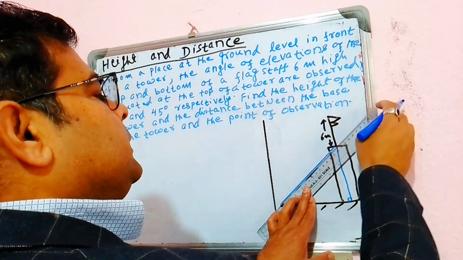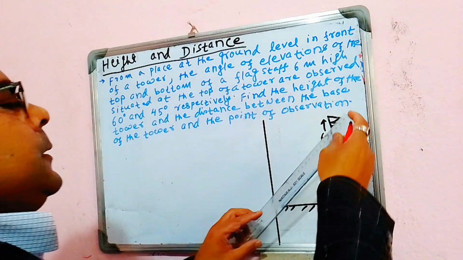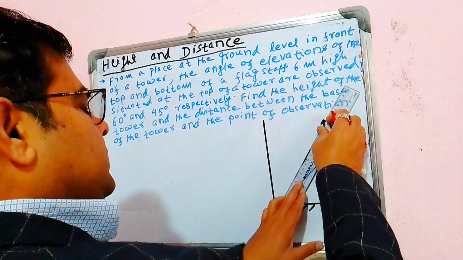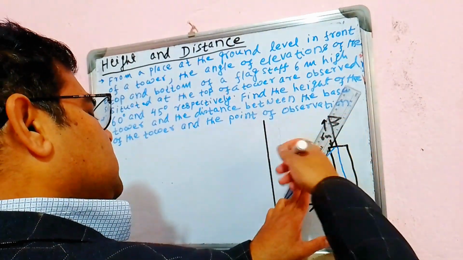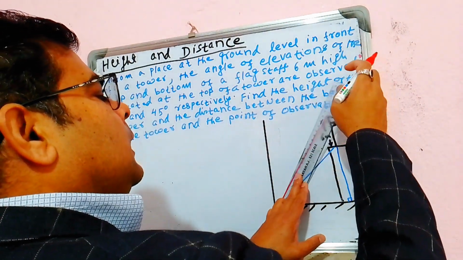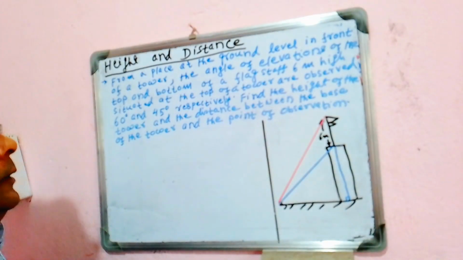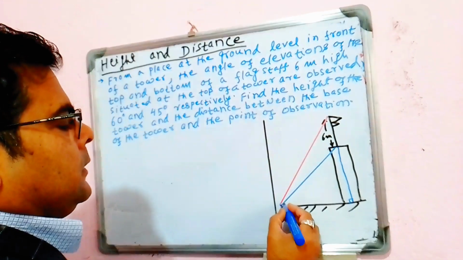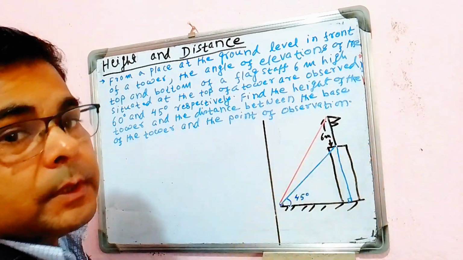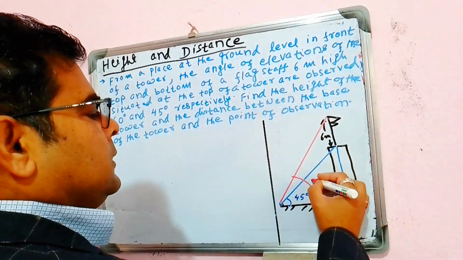I joined from here to here, and then from the same point you have to go to the top of this flagstaff, and join this also. According to the question, this angle is given as 45° towards the bottom of this flag and the top of the tower, and this angle is 60°.